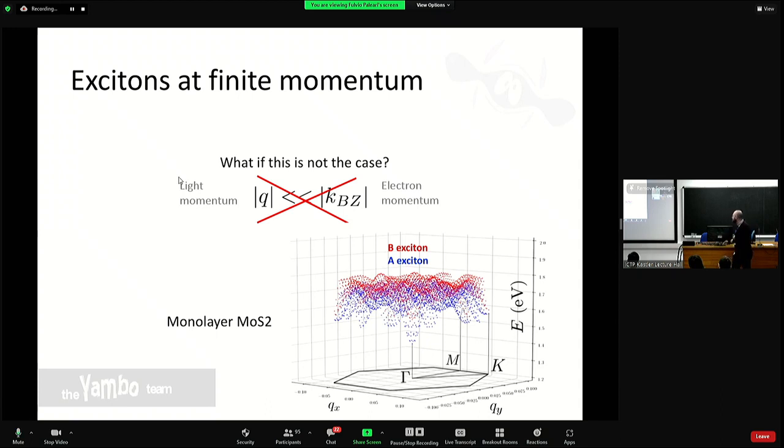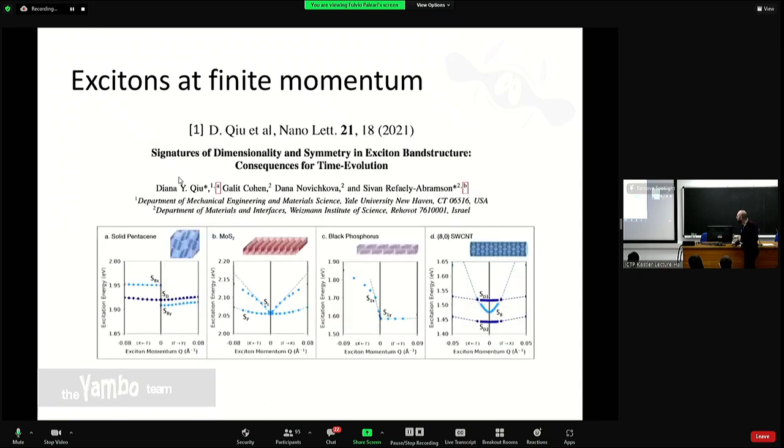A better physical insight we can actually get from this paper. So maybe you will talk a bit more about it, but I just want to mention some interesting things that can happen when you study exciton dispersion. For example, this is monolayer MoS2. And this is the first bright exciton of MoS2, the A exciton. It turns out this is a doubly degenerate exciton.